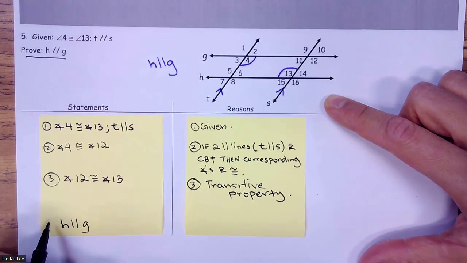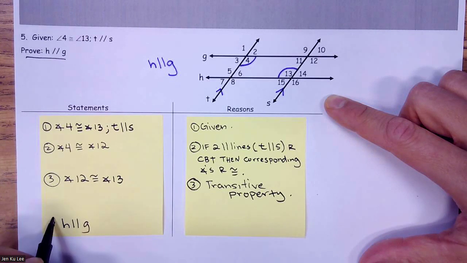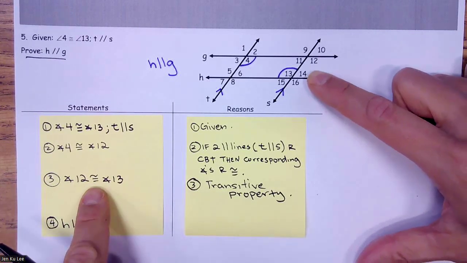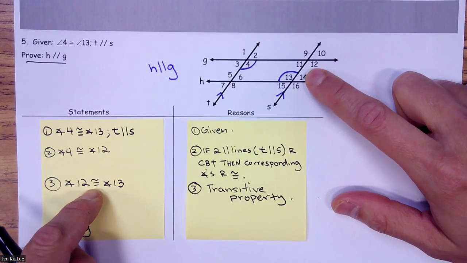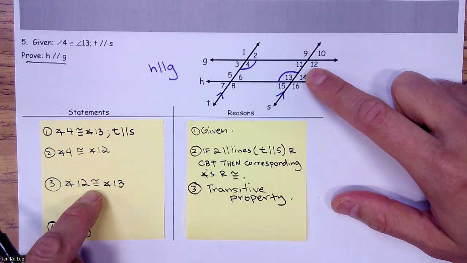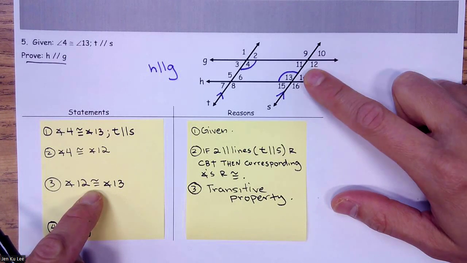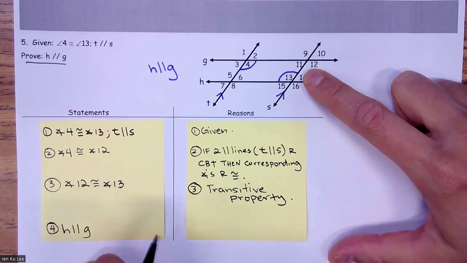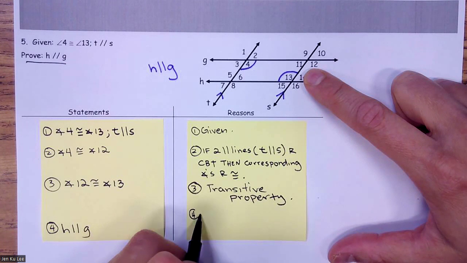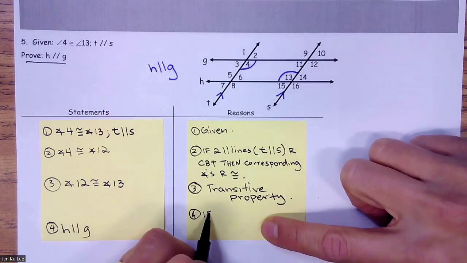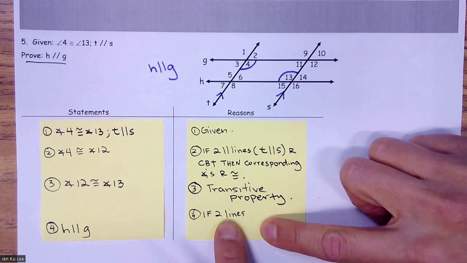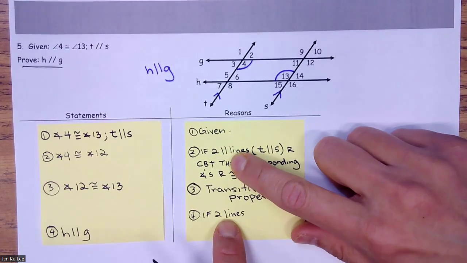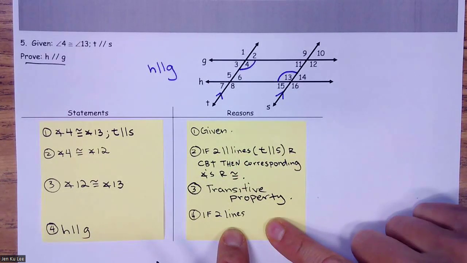And then now I can say, hey, look, 12 and 13, if you look at the picture, are alternate interior angles, and they're congruent. So I can say this because if two lines, notice that I put if two lines and I didn't put two parallel lines because I don't know that they're parallel yet.